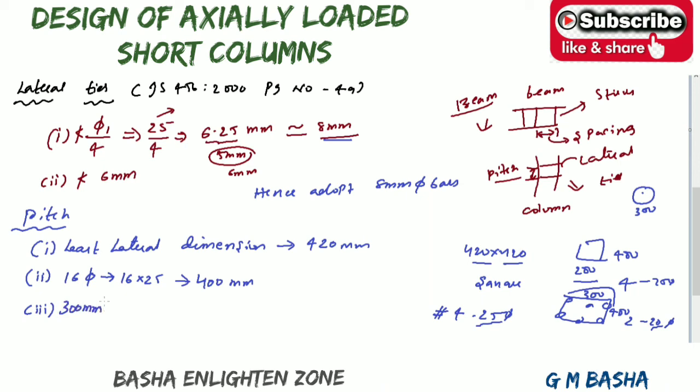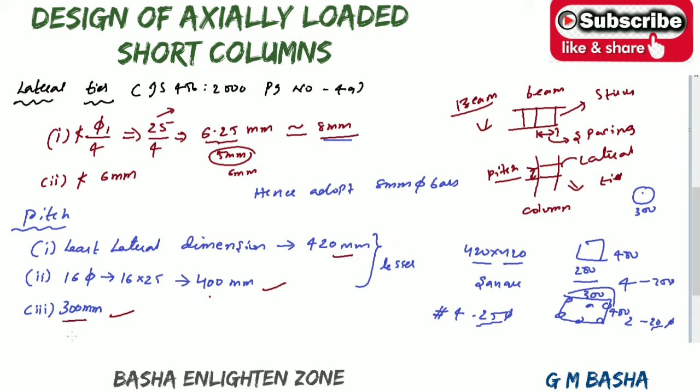So out of these three, provide the lesser value. We have to check these three conditions and provide the lesser value. Your least lateral dimension will be 420 mm, 16 times the dia will be 400 mm, and the minimum condition will be 300 mm.